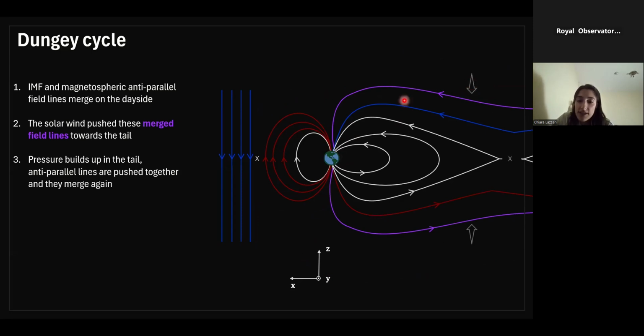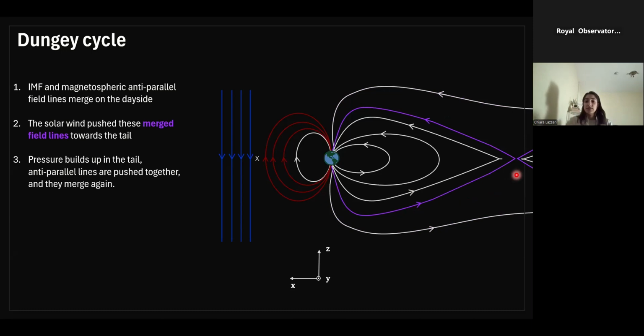And if you look here, you'll notice that in the northern part of the tail and the southern part of the tail, the field lines have anti-parallel directions again. So as the pressure pushes them together, they'll be able to merge again. There's another merging point.